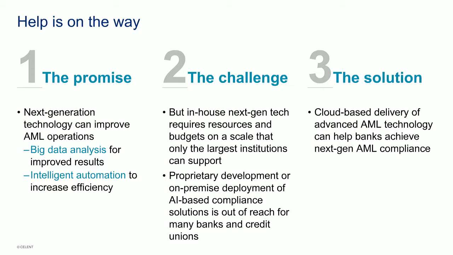On-premise deployment and proprietary development of advanced compliance solutions is out of reach for most banks and credit unions. And this is why cloud-based delivery of advanced AML technology holds so much promise for helping banks achieve next-generation AML compliance.